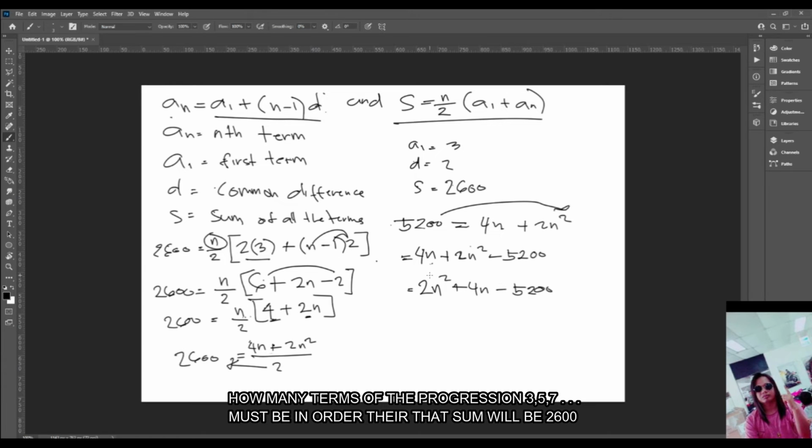As you can see, guys, this is a polynomial, specifically a trinomial. We are looking for the n here. So what can we do from now on to get this number?